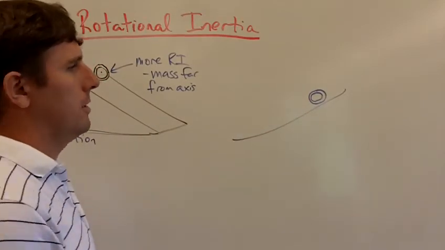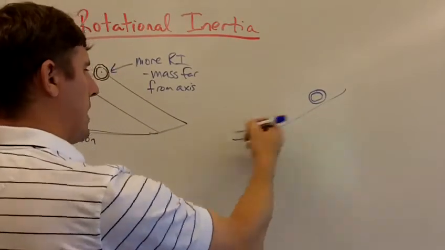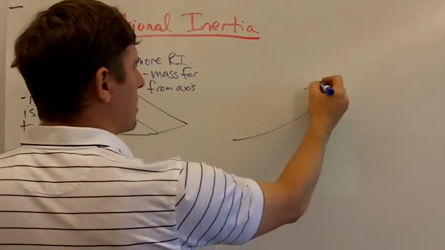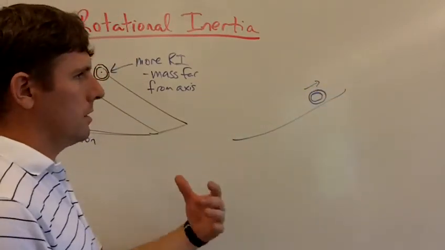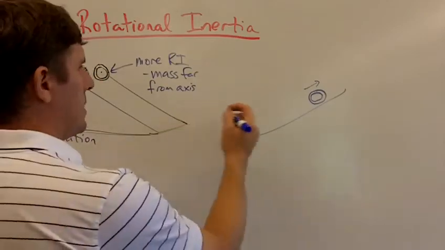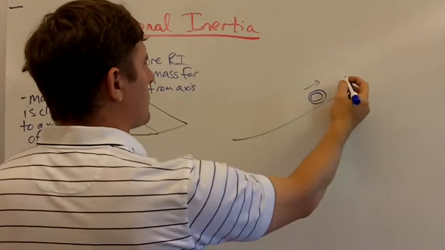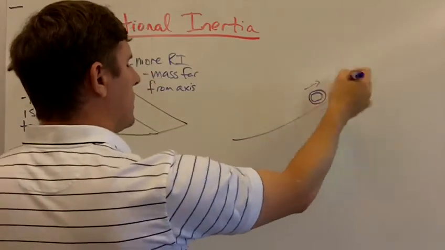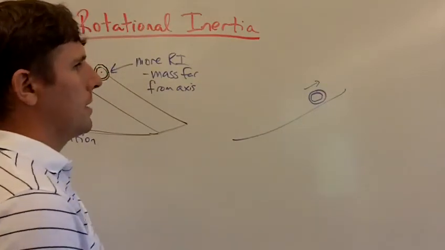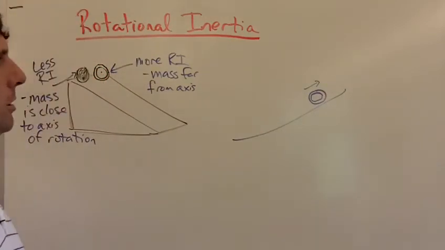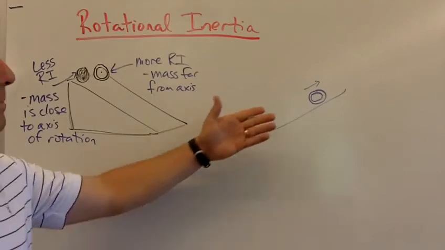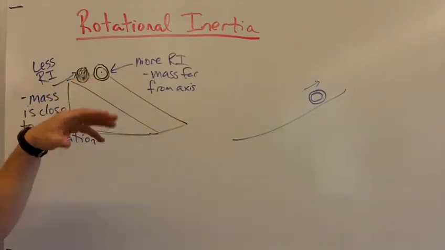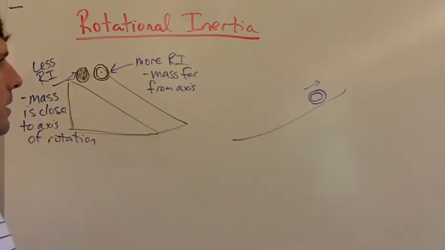I don't want to slow down, even though gravity is now pulling me back down this ramp. I'm headed this direction. It takes longer for me to slow down and stop, whereas the disc starts to roll up. It's got a little more velocity, but it says, I'm going to slow down quickly because that's what I do. I've got low rotational inertia. So both the hoop and the disc would get to the very top at the same time in this case.